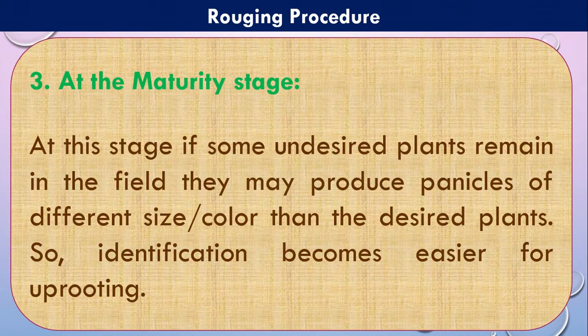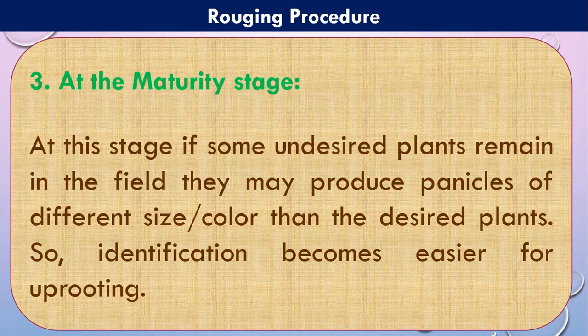And the last one is, if we left any plant which we could not identify in the first and second stages, then when the plant matures, when the panicle is coming, we can definitely identify it in the third stage, the maturity stage. So in this stage we have to uproot it.